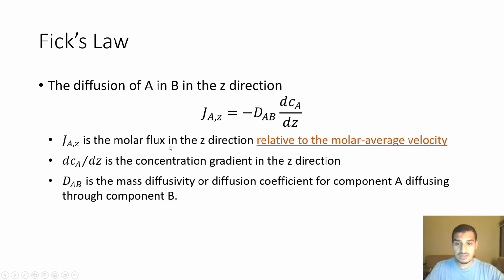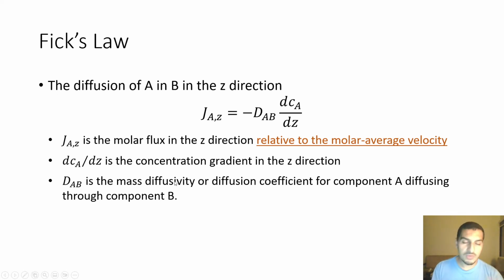So this is the molar flux in the z direction. An important point to notice is that this is the flux relative to the molar average velocity. It's not the absolute flux. dc by dz is the concentration gradient in the z direction, and DAB is the mass diffusivity, or diffusion coefficient, of component A diffusing through component B.